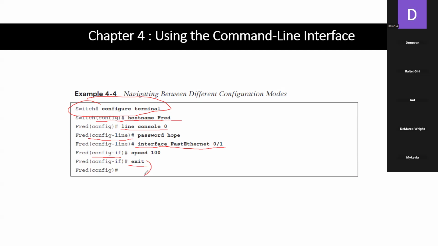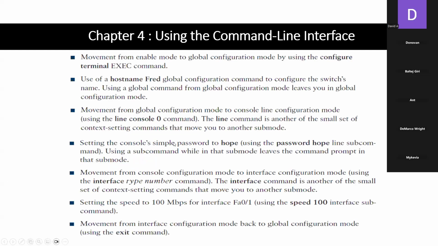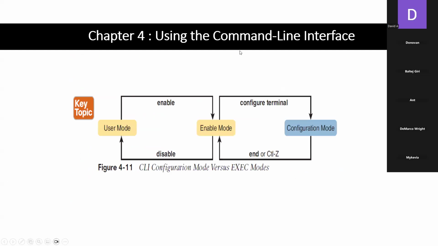Exit brings him one level down, so he'll still be in global configuration mode. It won't bring him fully back to privileged exec mode. As I was telling you guys earlier, if you type the word end within global configuration mode, it'll bring you here.